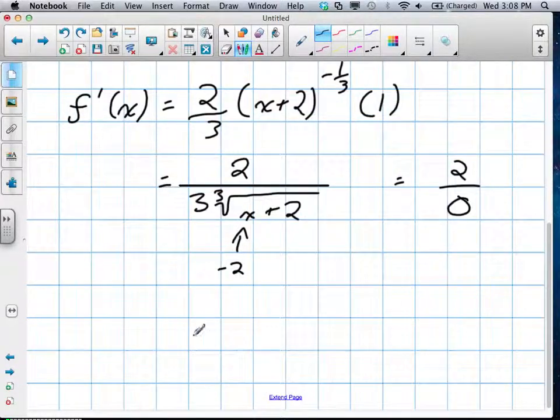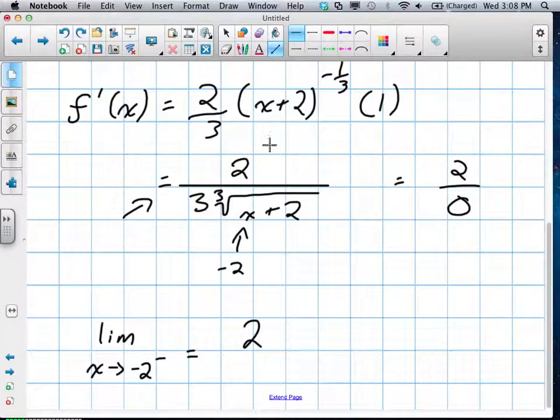If you remember what we meant by that, we still have this equation. We're going to plug in values. Think of it as the limit as x approaches -2 from the left.